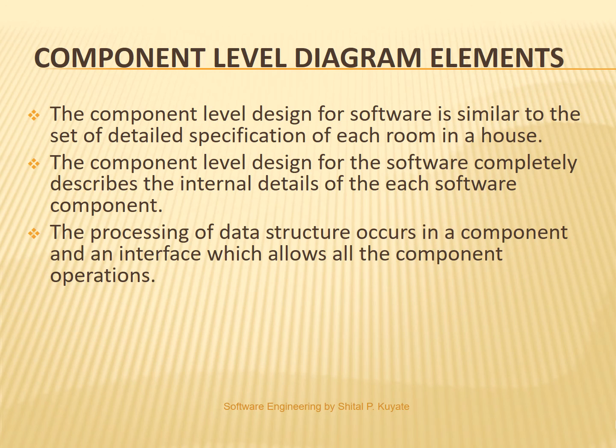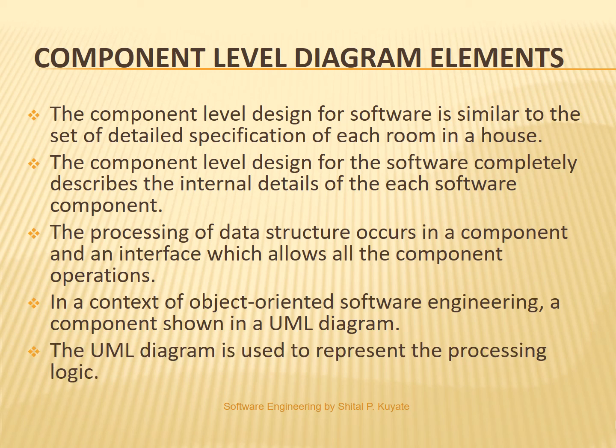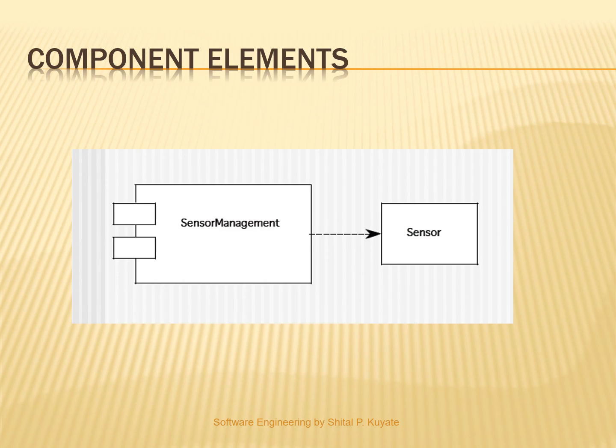Also, the processing of data structures occurs in a component, and an interface allows all the component operations. In the context of object-oriented software engineering, a component is shown in a UML diagram. The UML diagram is used to represent the processing logic.